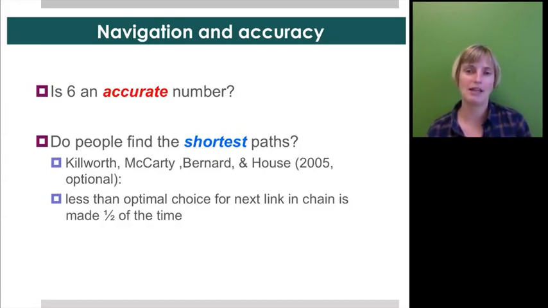And then they ran Milgram's experiment, which said, pass this to someone that you normally talk to. They saw that roughly half the time, the individuals routing the message chose the next node to be on the shortest path, and half the time they goofed in a way. They didn't choose the shortest path. So even for the successful chains, they may not actually lie on the shortest path. So 6 might be an overestimate.